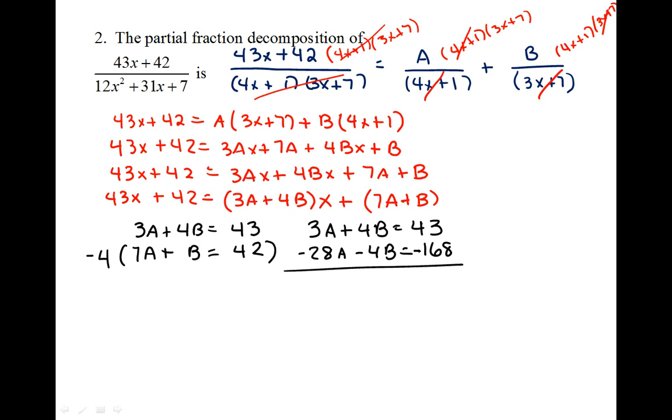So that gives me -25a equals -125. Divide both sides by -25, and a equals 5.